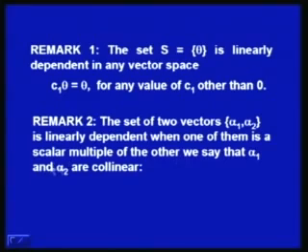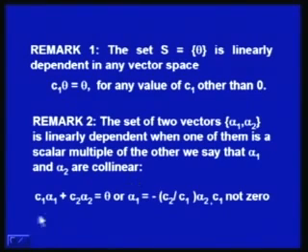In another remark, if the set of two vectors alpha 1 and alpha 2 is linearly dependent, then one of them is a scalar multiple of the other, and we say that alpha 1 and alpha 2 are collinear. This is proved here. We will have C1 alpha 1 plus C2 alpha 2 equal to the null vector, where if C1 is not 0, then one can write alpha 1 equal to minus C2 by C1 times alpha 2.